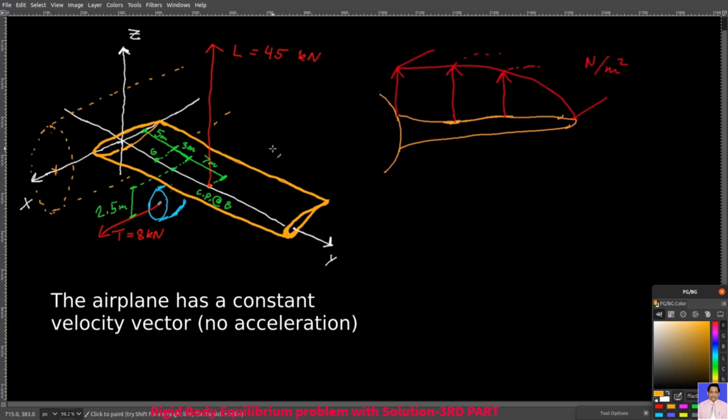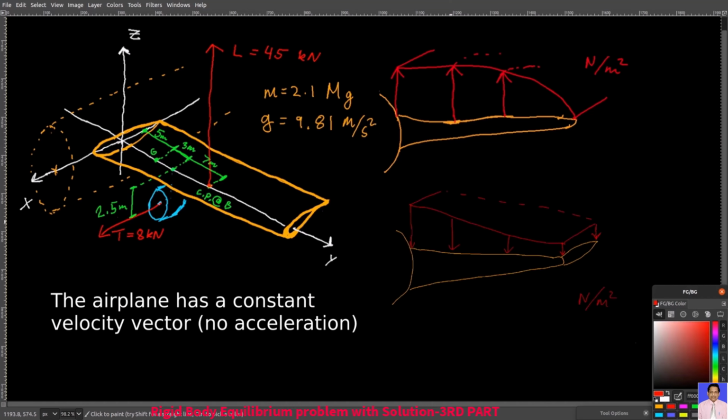Similarly, your wing has a mass which is 2.1 megagrams. You can assume that G equals 9.81 meters per second squared. It means that the wing experiences force of gravity, which in reality is a downward force distribution per unit area in newtons over meters squared.